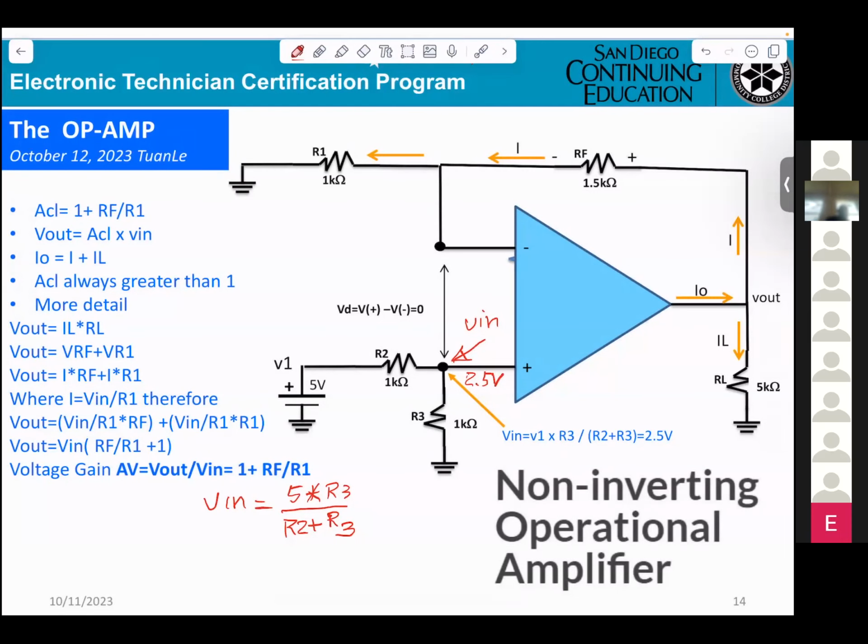Okay? Mr. Pham, I got a question. Yeah. You say that where that node is, or where that arrow is going both ways, you got VD equals V plus minus V minus equals 0. Now, where V in is at, that's 2.5.